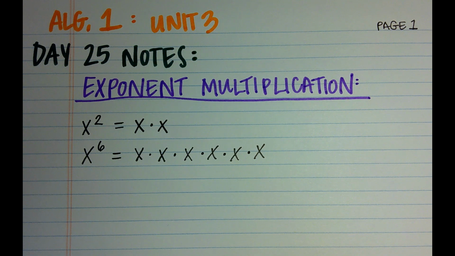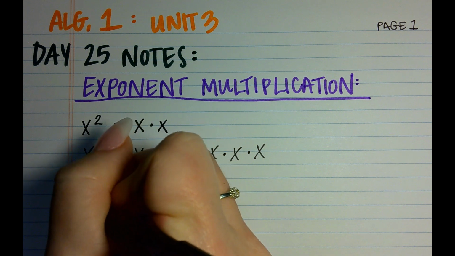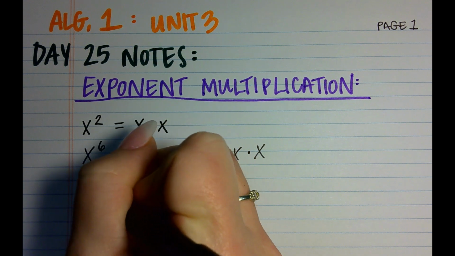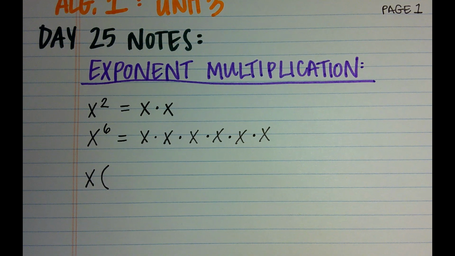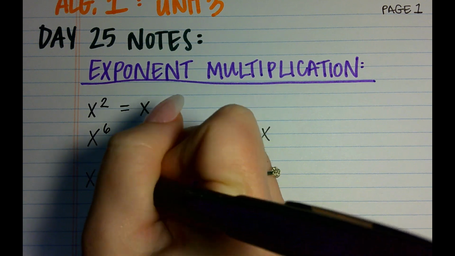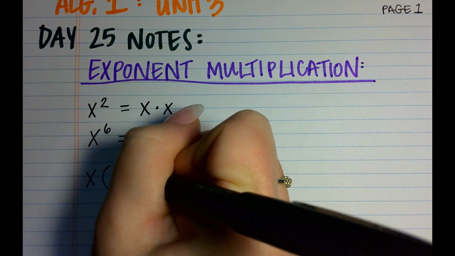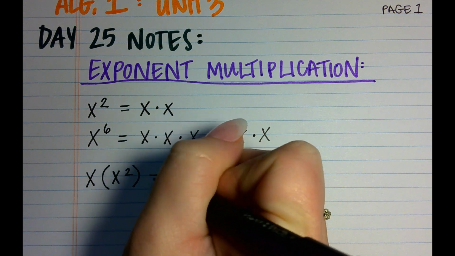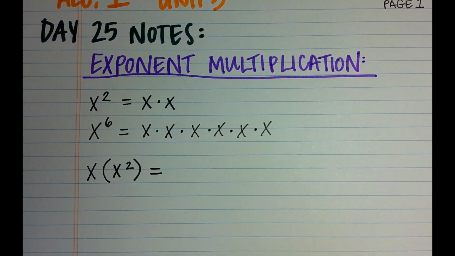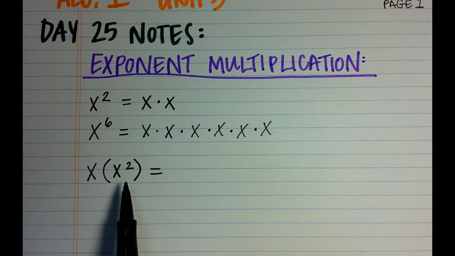So what would happen if I did x times x squared? X times x and then, do the square first, and then you times it by whatever you get. Okay, so what would my new exponent be?